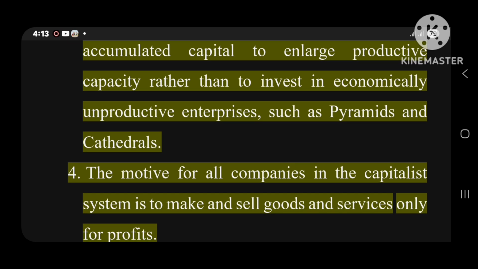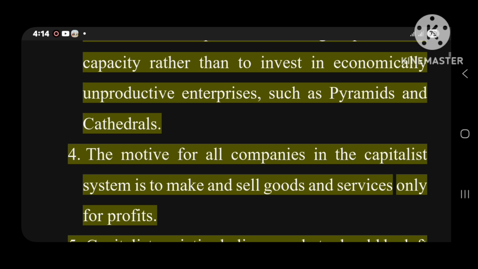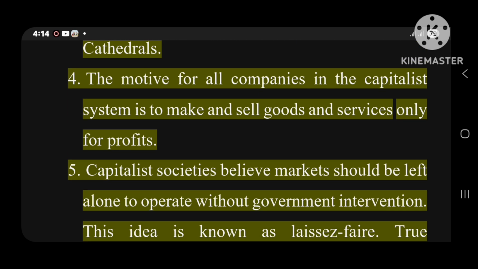The fourth characteristic is that the motive for all companies in capitalist society is to make and sell goods and services only for profit. That means profit maximization is another characteristic of capitalism.